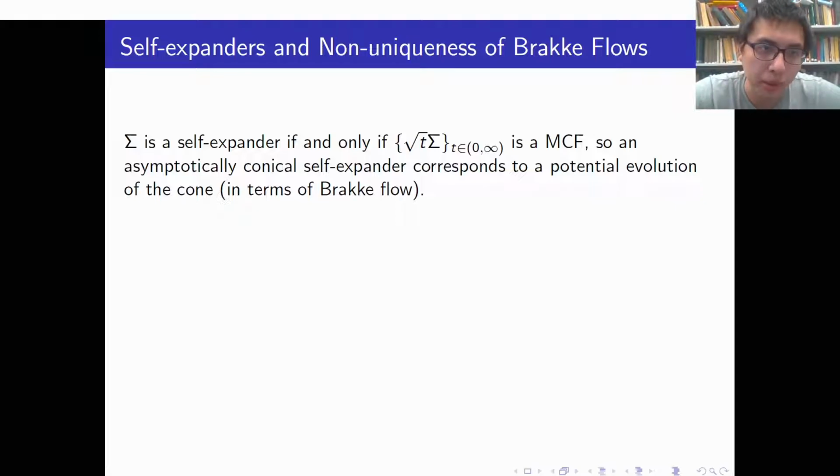We drew the picture where we have a double cone whose cone angle is sufficiently large, then potentially you have three self-expanders. There's a one-sheeted disconnected one, a two-sheeted disconnected one, and then there will be two one-sheeted connected catenoidal self-expanders.